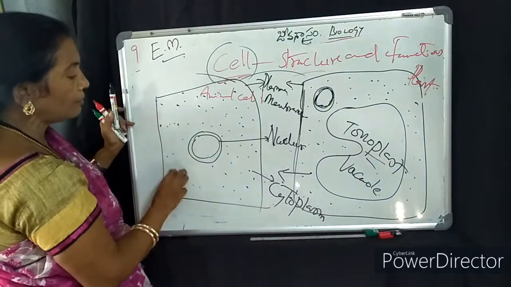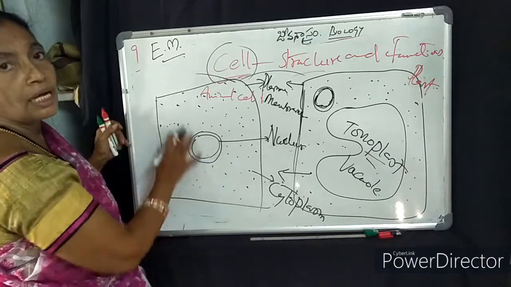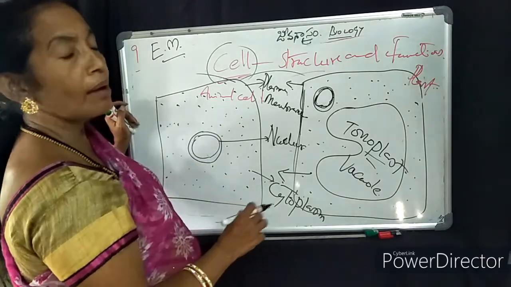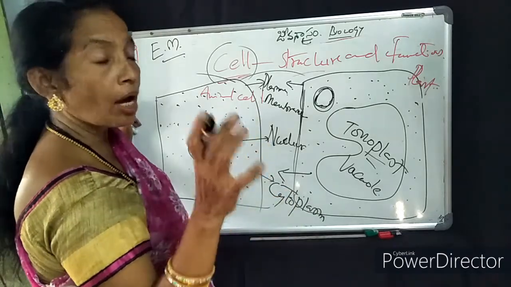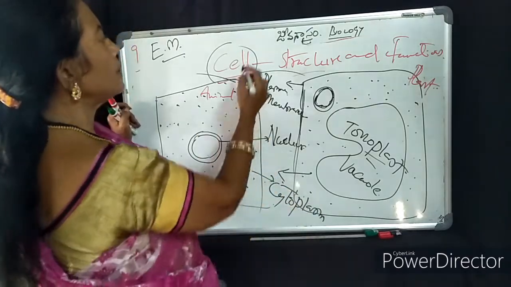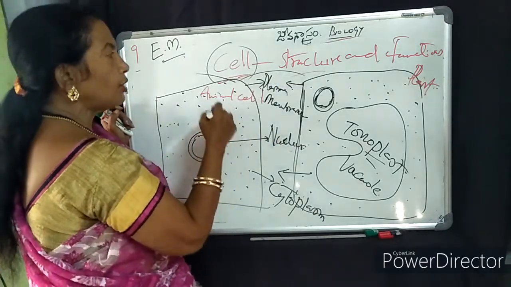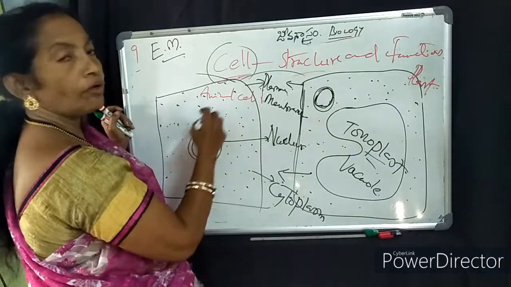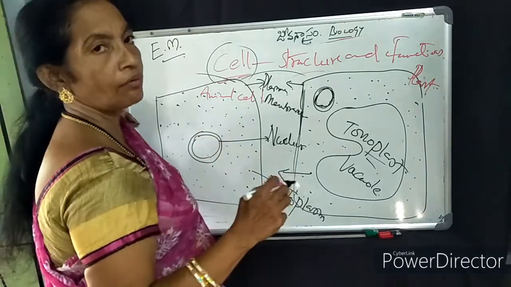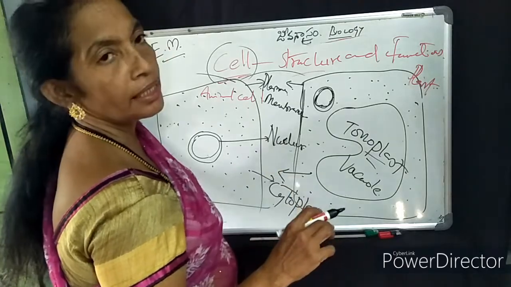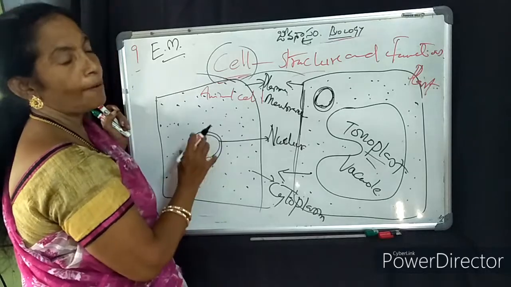And in the animal cell also this cytoplasm has the nucleus and other organelles. Why am I telling organelles? In 8th class we have the word organelle. Organelles are the parts of the cell, the inner parts we find if we get into the cell.